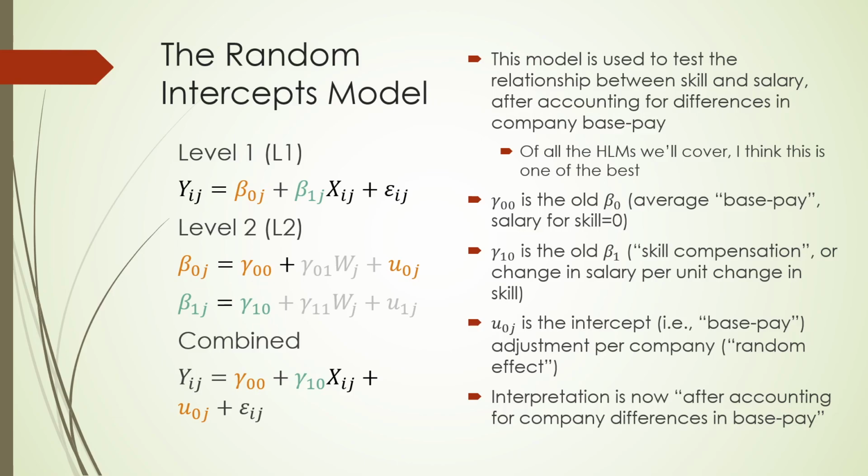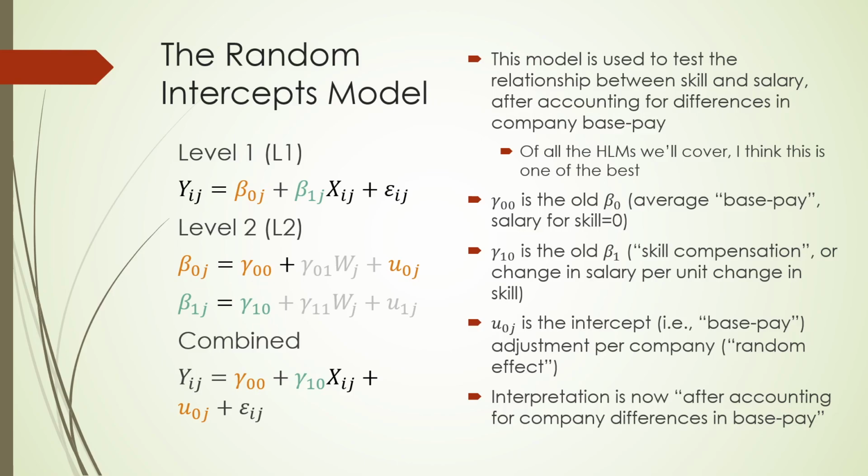Otherwise, gamma sub 0 is exactly the same interpretation of our old beta 0, and gamma sub 1 is exactly our old interpretation of beta 1. We just add that bottom bullet point component to those interpretations. So go back, revisit your old simple linear regression interpretations, and these are exactly the same thing.